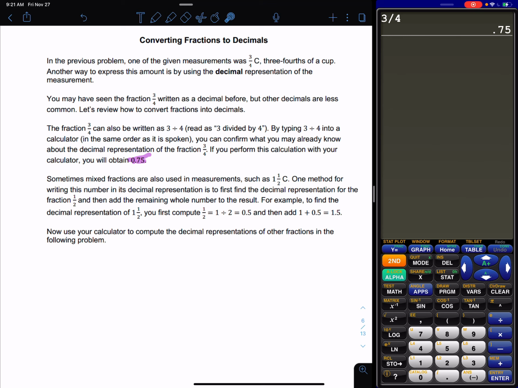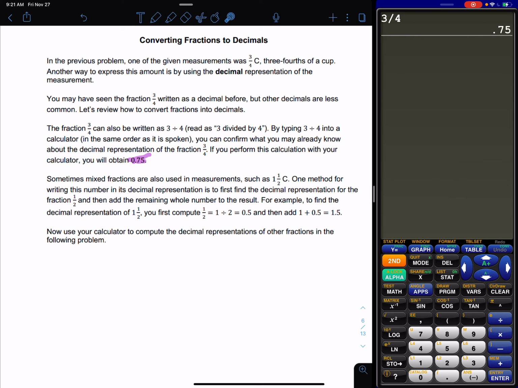Sometimes mixed fractions are also used in measurements, such as 1½ cups. One method for writing this number in its decimal representation is to first find the decimal representation for the fraction 1/2, and then add the remaining whole number to the result.